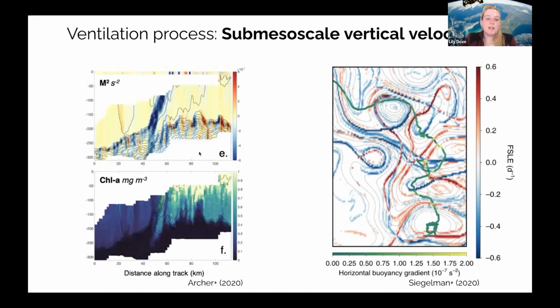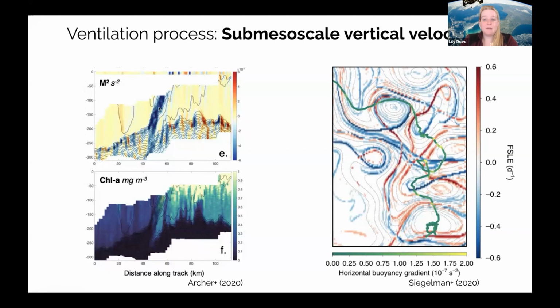And one way to visualize this is plotted on the left here. So this is that lateral buoyancy gradient. You can see these strong isopycnals coming to the surface, and you have a strong lateral buoyancy gradient. And at that region, you can also see you have chlorophyll being transported to depth along those density surfaces.